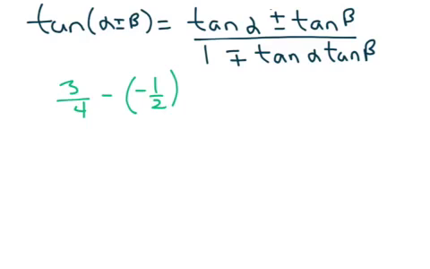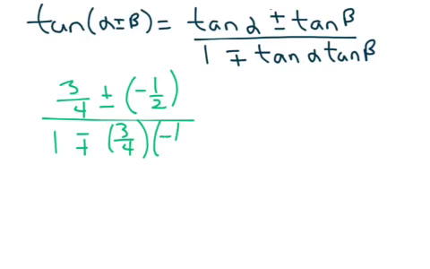Alright, and then we're supposed to do plus and minus. This is plus minus. Alright, over 1 minus plus, and tan of alpha, you just copy these two down. Once I have the numerator, I know just to copy this and this down right here. Okay, so we're going to add this up.